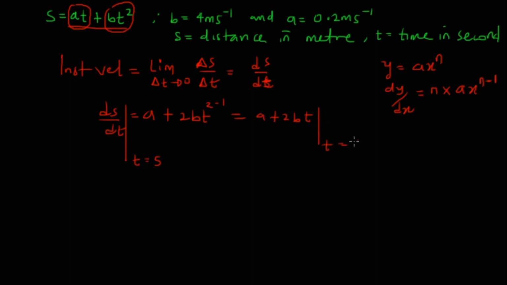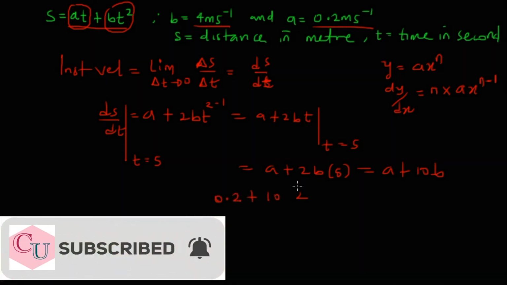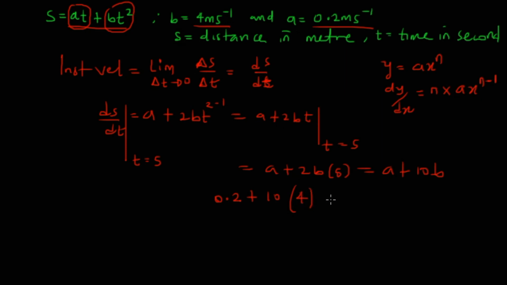Now at time t equals 5, the equation will become a plus 2b multiplied by 5, which is equal to a plus 10b. Given that a is 0.2, we'll have 0.2 plus 10 multiplied by b, where b is 4, so that's 0.2 plus 40, and of course that will be 40.2.